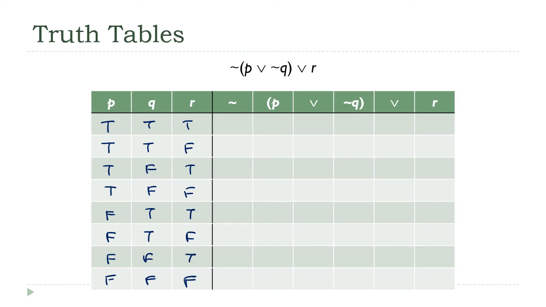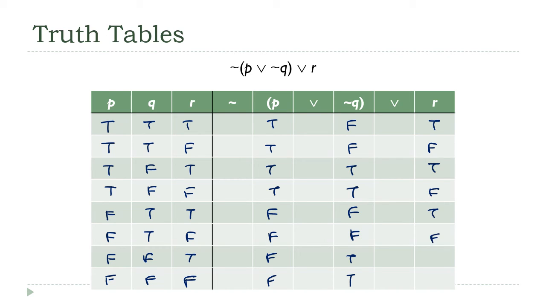All right, now let's fill in. The P column here stays the same. The not Q column reverses the Q's, and the R column stays the same.